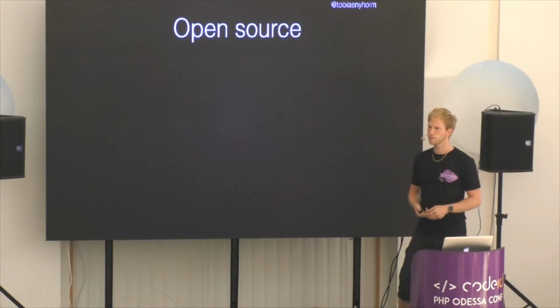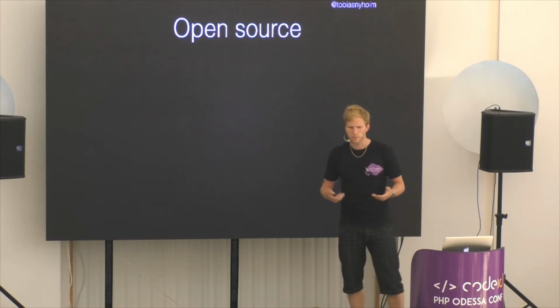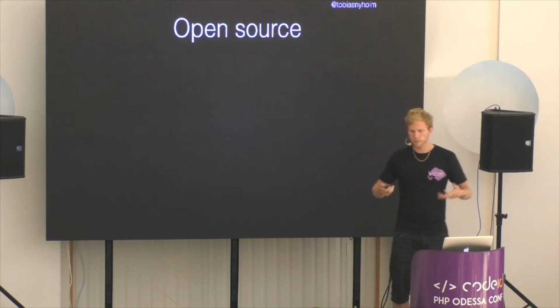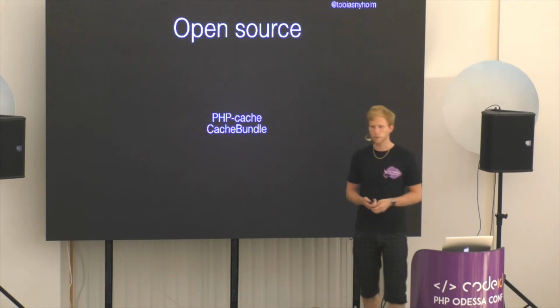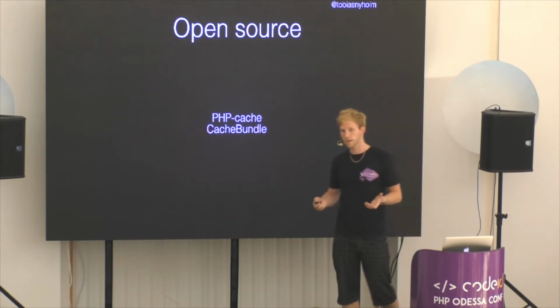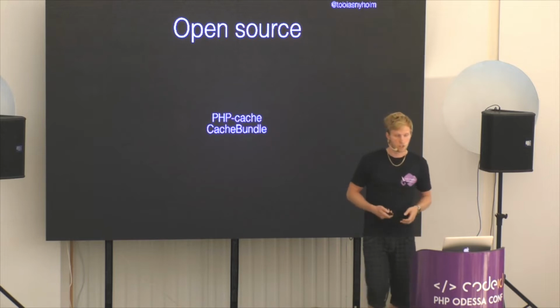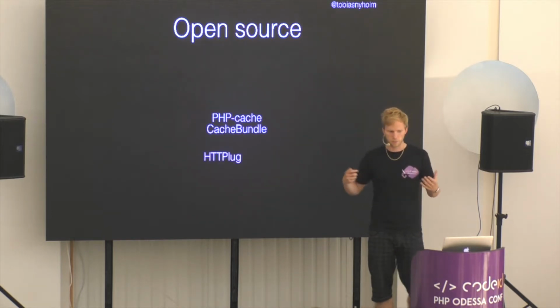I started my open source career in 2015. PSR-6 just came out, and me and my friends said, hey, let's do an implementation of this. So we implemented PSR-6, which is caching. We did PHP-Cache, and we did a cache bundle. At the same time I started to be interested in HTTP. So I started working with an abstraction over HTTP clients called HTTPlug.